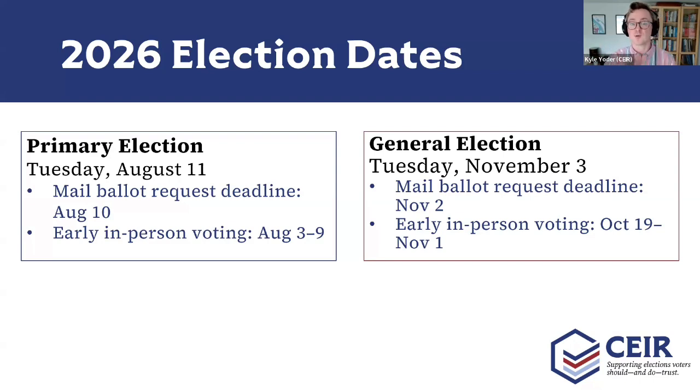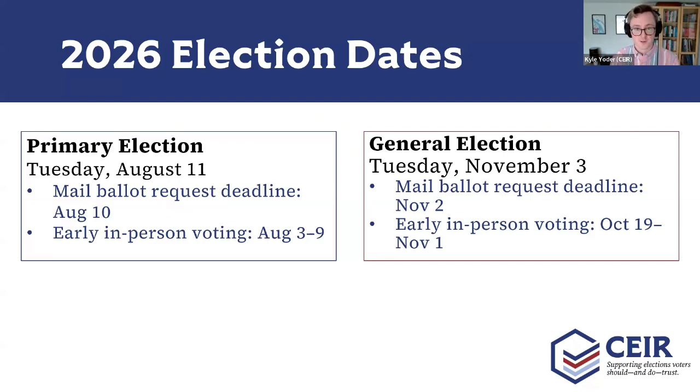Mail takes time, but you can go into your local office to request a ballot, or as we'll talk about, just go and cast your ballot early in person or on election day if you're thinking that late in the game. Early in person dates, by the way, are August 3rd through the 9th for that primary election.